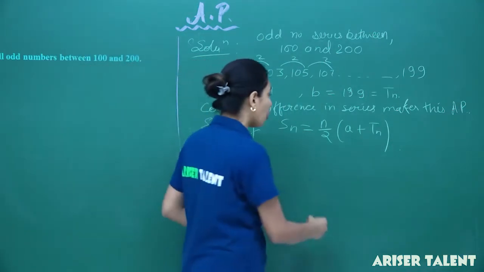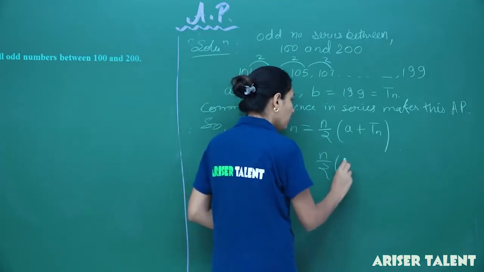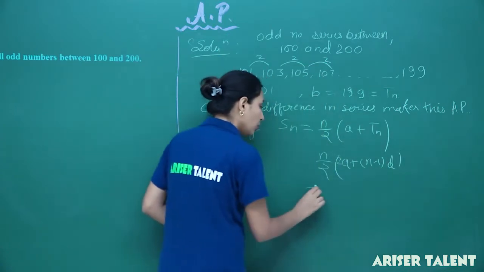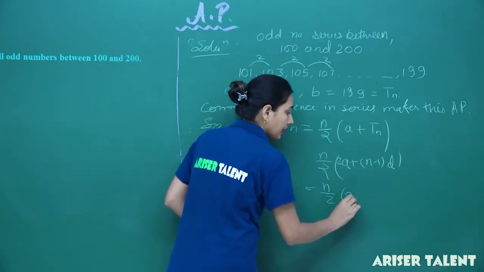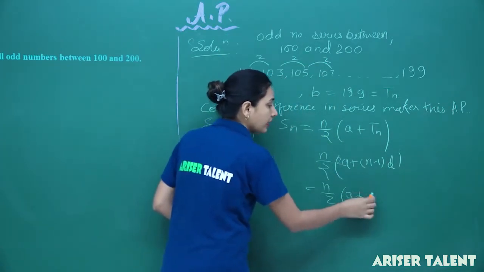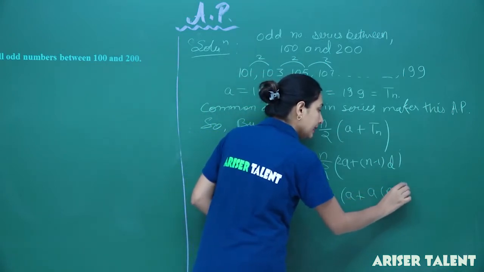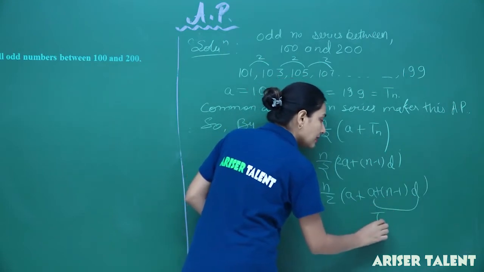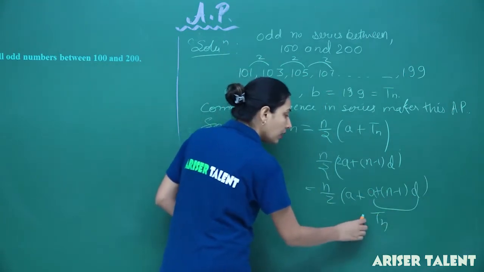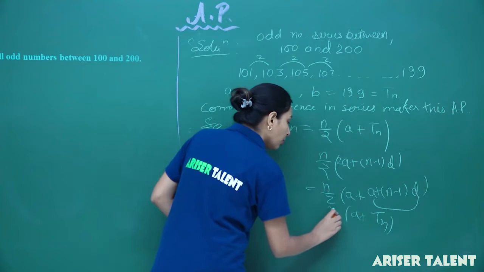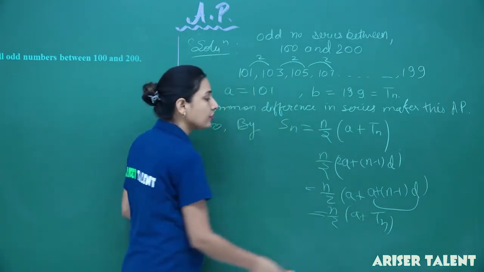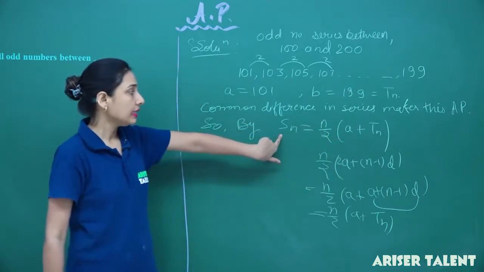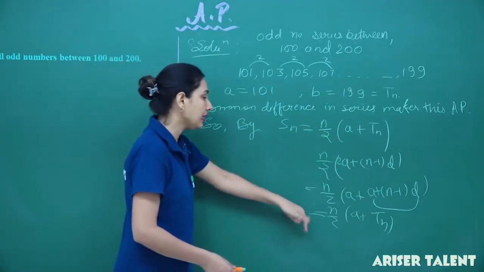We are having this formula as n by 2 times (2A plus (n minus 1)d), and I have told you that you just bifurcate this 2A into A plus A, and here (n minus 1)d. Now this is the last term formula, so the Tn formula. Okay, so you will be having this as your second formula for the sum of the series. So we will take this one.